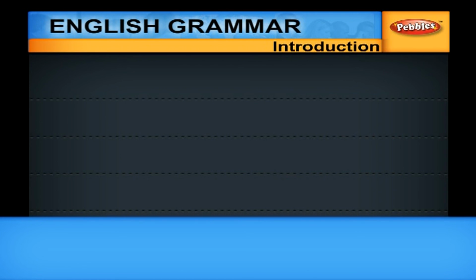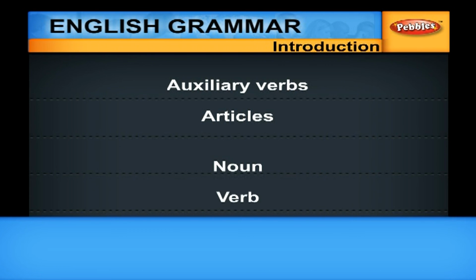To these, we add two more: one is auxiliary verbs and the other, articles. Noun and verb are the two important components of a sentence.